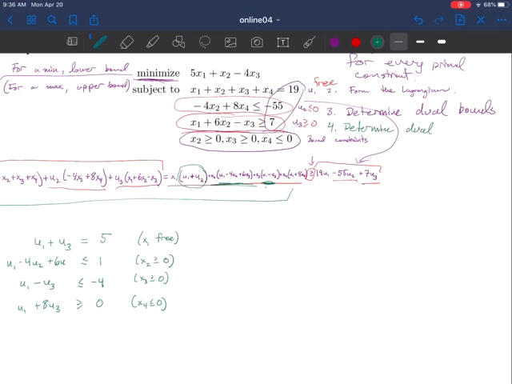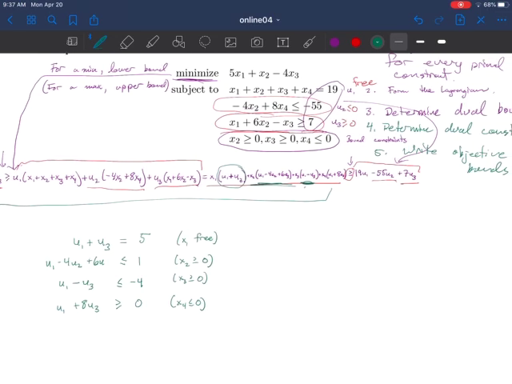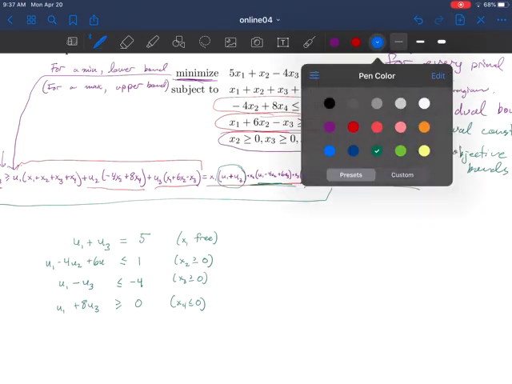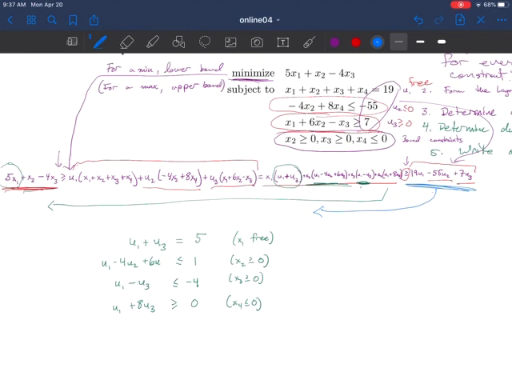I can now, so this was step 4, determining the dual constraints. And then step 5 is write the objective and bounds. So the objective, remember, is this over here.